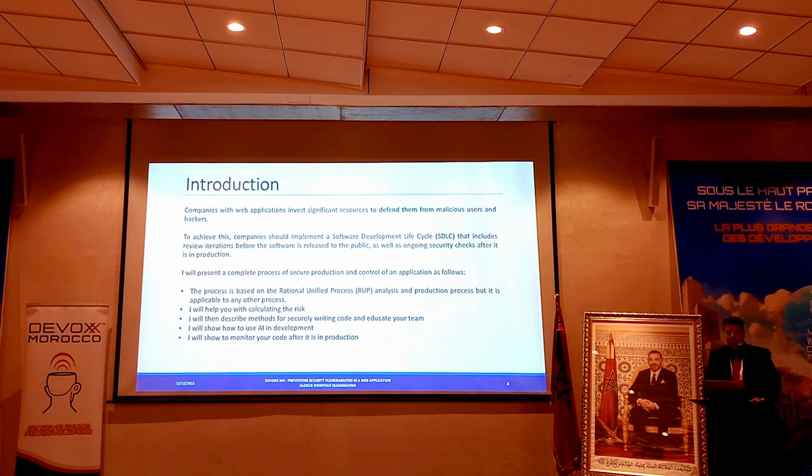I will help you with calculating the risk. I will then describe methods for securely writing code and how to educate your team, which is equally important. I will show you how to use AI in development and how to monitor your code after it is in production.